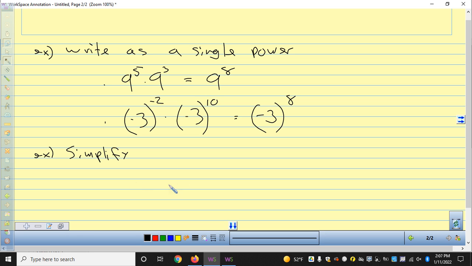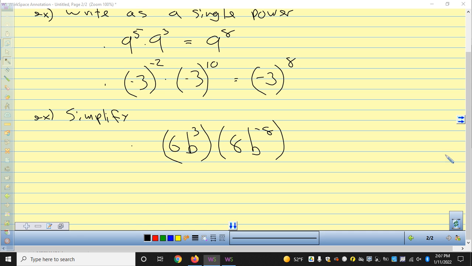So we might have something like 6b to the third times 8b to the minus 8th. Well, when we have something like this, we're just going to multiply the numbers together.